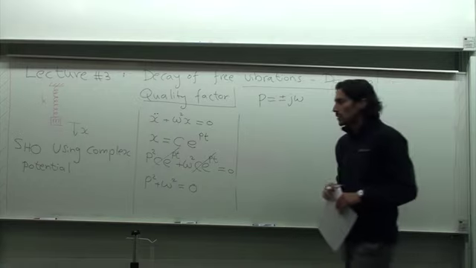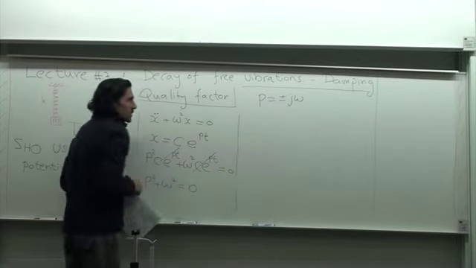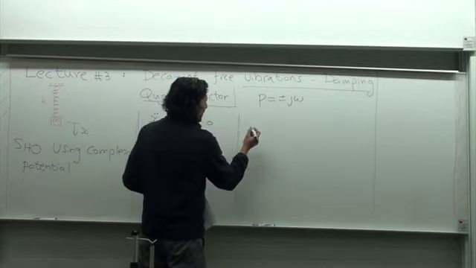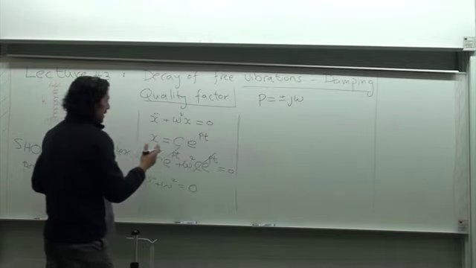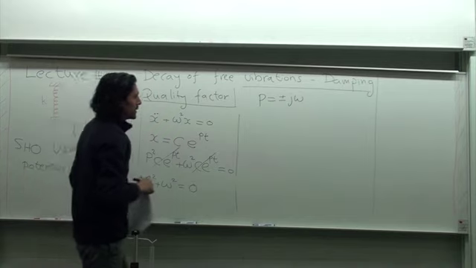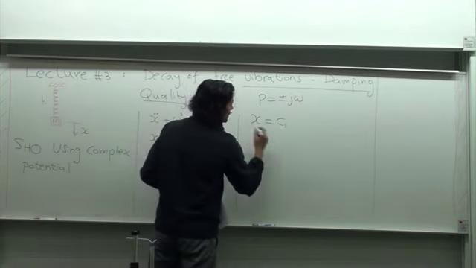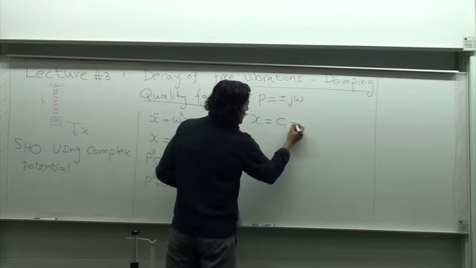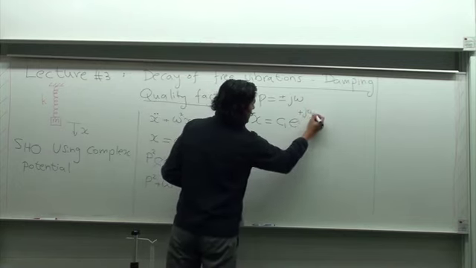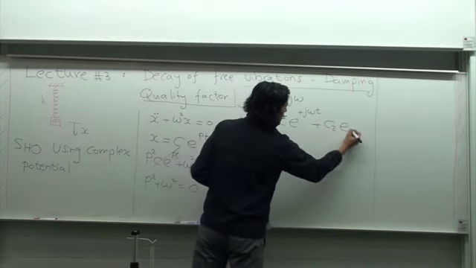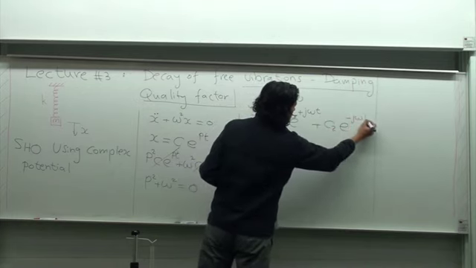We have two solutions. So we can use both solutions to have the general solution of the differential equation. So we can write x equals c1 times e to the plus j omega t plus c2 e to the minus j omega t.